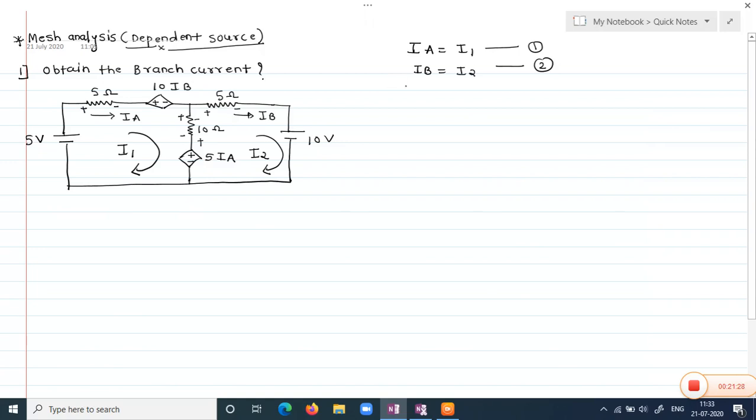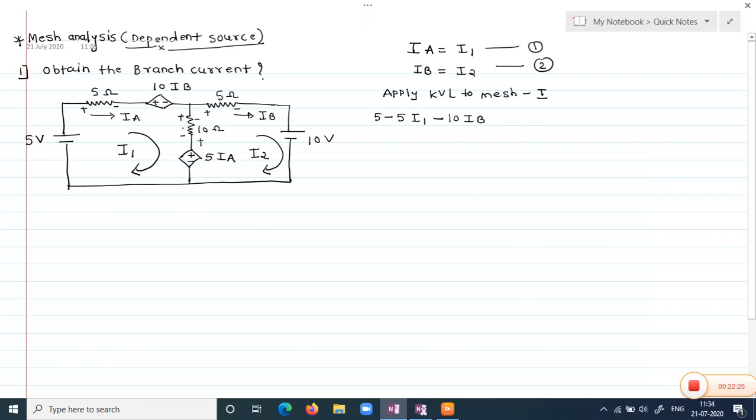Okay. Then you apply KVL to mesh 1. If you apply KVL to mesh 1, we will start from 5 volt, that is 5 minus the current flowing through the 5 ohm resistor from positive to negative, means 5 minus 5 I1, minus, then the current flowing through the dependent source from positive to negative, that is 10 IB, means minus 10 IB.